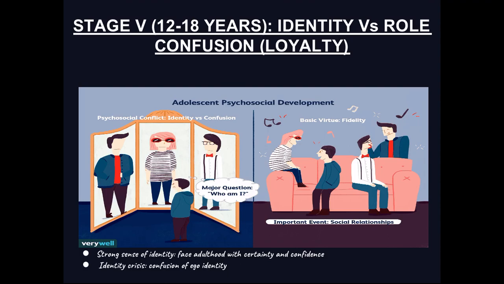So he indulges in different social relationships, develops new friends, new relationships, goes out. So if there is a strong sense of identity, then the child faces adulthood with certainty and confidence. But if there is an identity crisis, then there is confusion of ego identity.